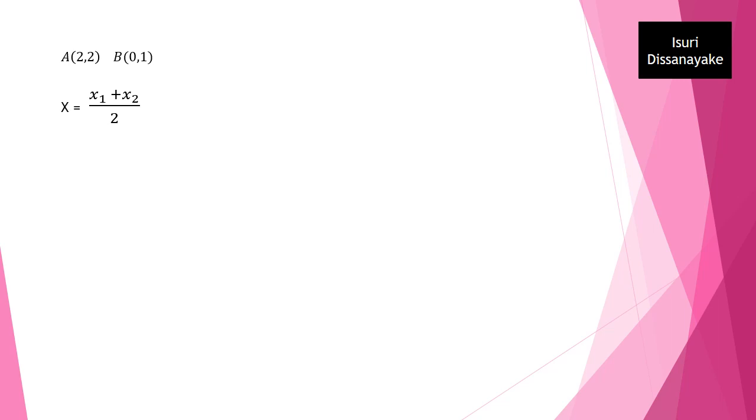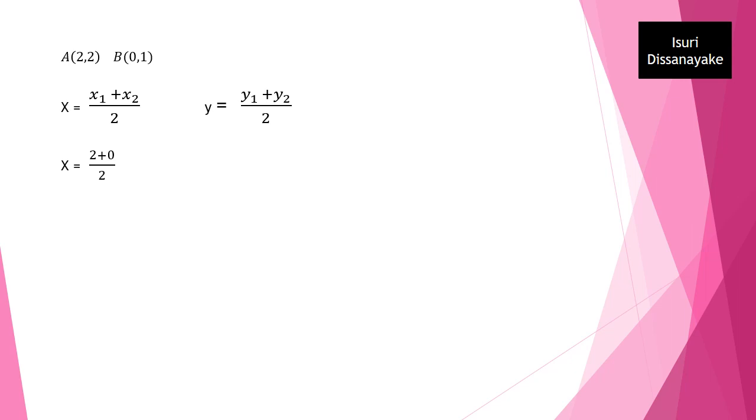In a simple way, you add the 2 x coordinates and divide it by 2. So the first x coordinate is 2, the next x coordinate is 0, 2 plus 0 is 2, divided by 2 it is 1.